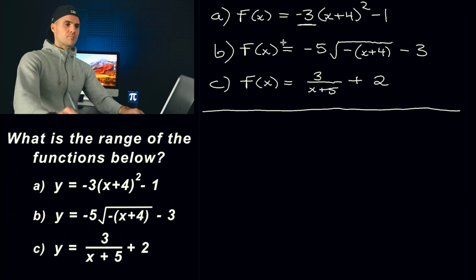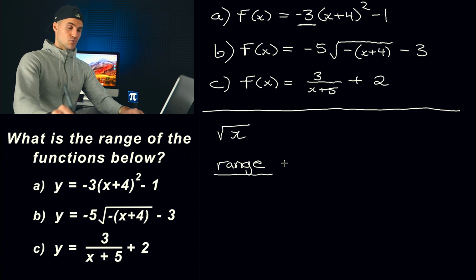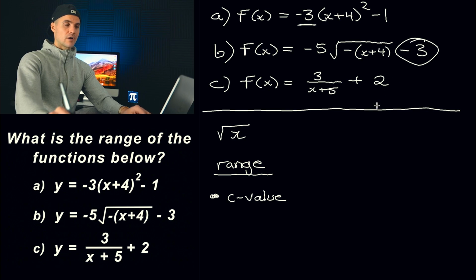Moving on to part B, we have the square root function. Now, the range of the square root function is also going to be affected by two different things. It's going to be affected by the C value, the transformation, so that's always going to be the value at the end here.